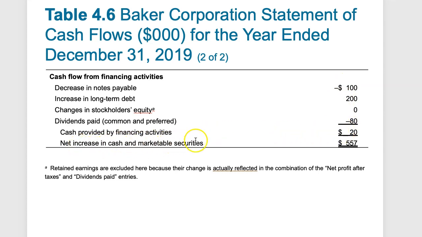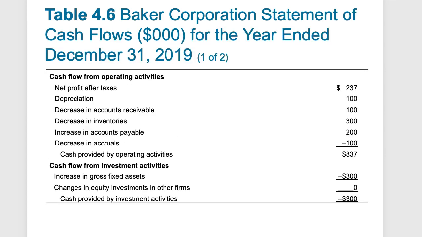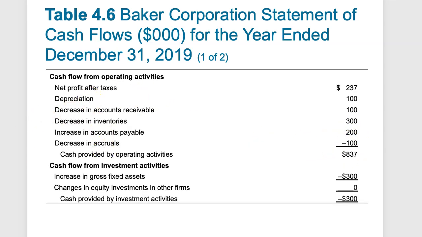So the net increase in marketable securities is going to be 557. Where does this 557 come from? If you come up here, we're going to take our 800, add in the negative 300, which brings us to 537. Then if we factor in the 20, that brings us to 557. So this is the net balance of financing, operating, and investing activities.